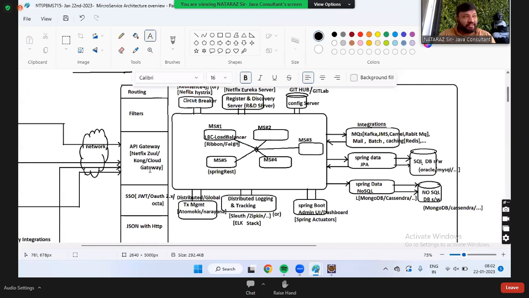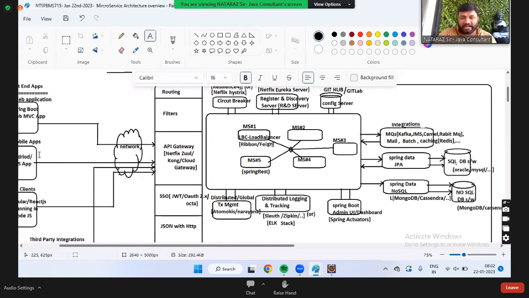To provide that common URL, we need an API gateway. If I make the API gateway an entry point, using this URL we can communicate with any microservice from our client application. Is there any need to remember so many URLs? No. If we remember the API gateway URL, using that we can communicate with each microservice.